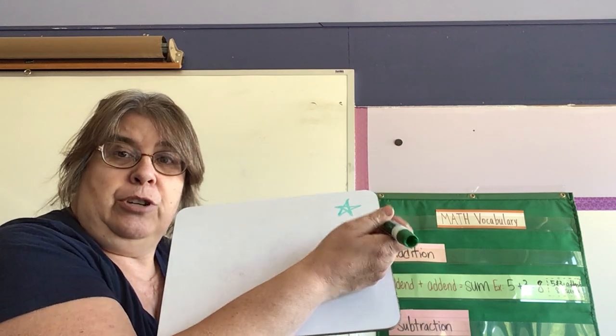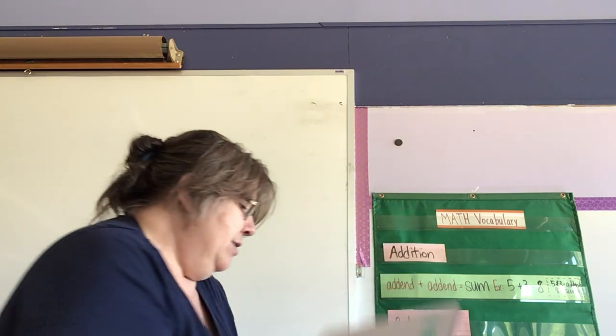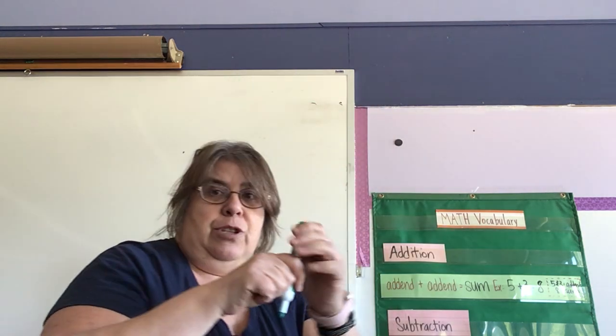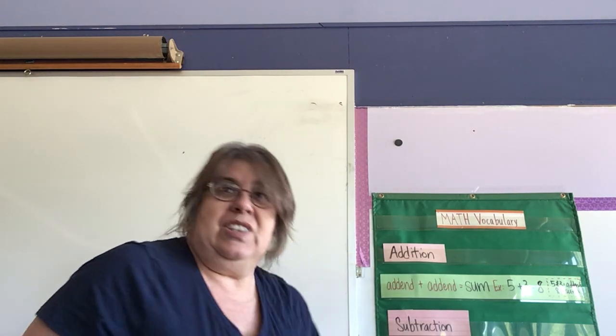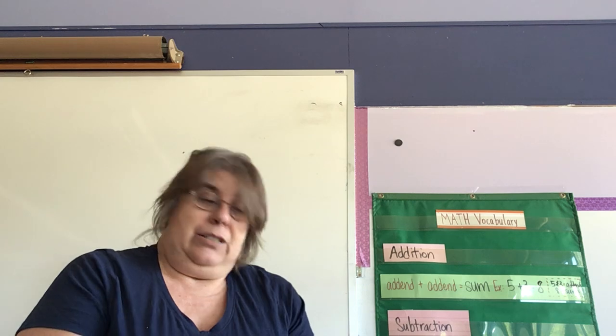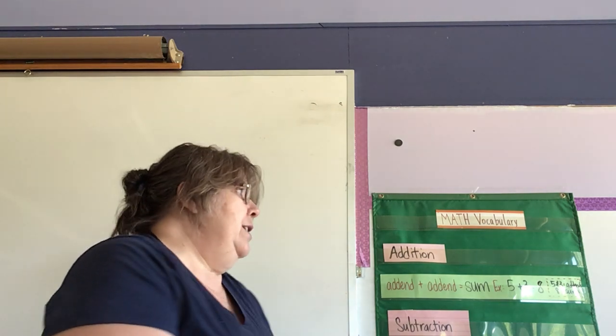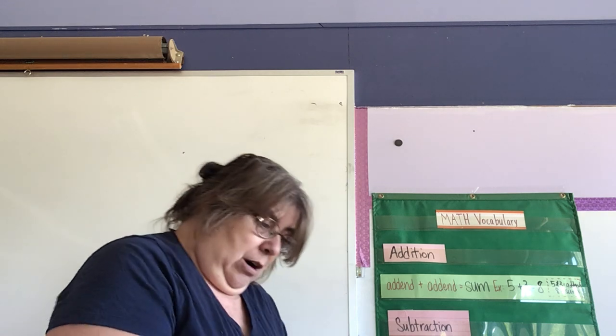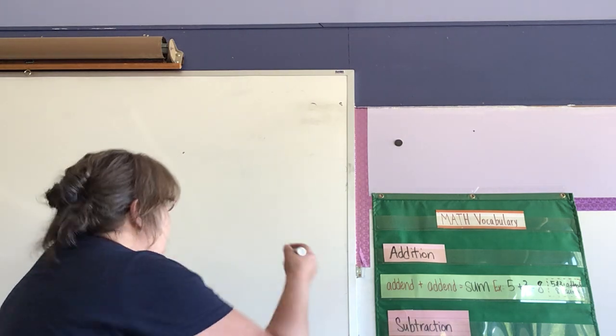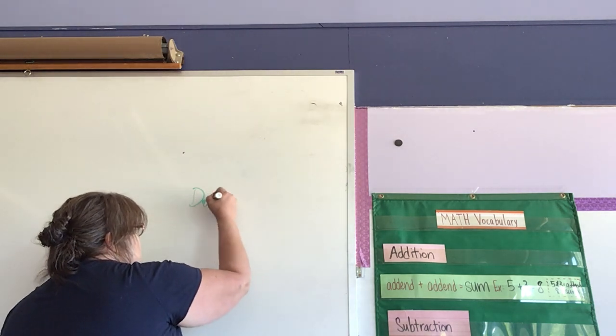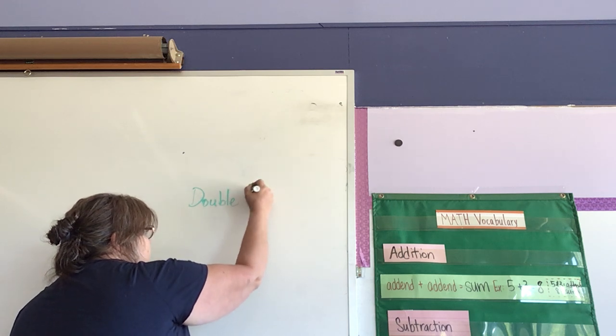I just want to make sure you know where the right side of your board is, and that you cap your marker and put it on your name tag. Thank you, everybody. Perfect. When everybody's ready, we are going to be working on double digit subtraction today.